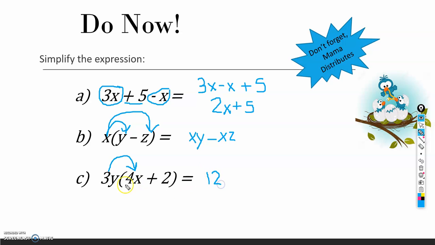And then I don't know what x and y are, so we'll just write them down. This is the same as 3 times 4 times y times x. And then I'll distribute my 3y to the 2. 3 times 2 is 6, and we can't forget our y. We have 6y.